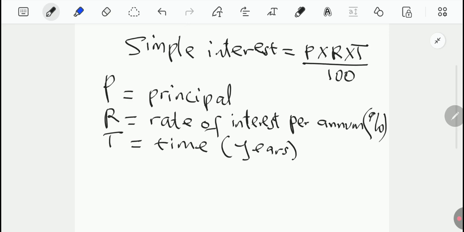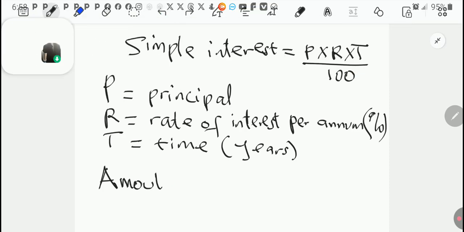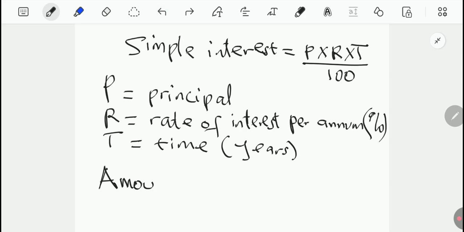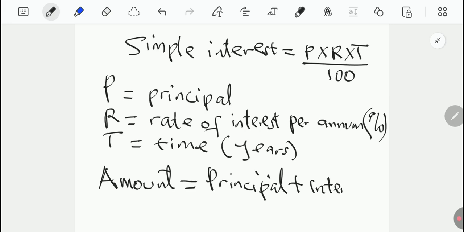So what do we say simple interest is? Now, after getting the interest and you want to get the amount, the amount is the same as principal plus the interest.